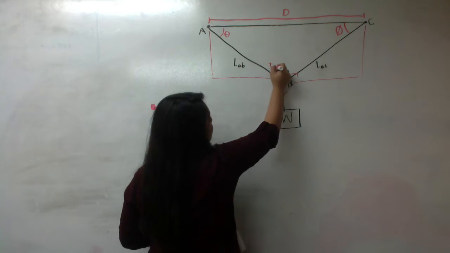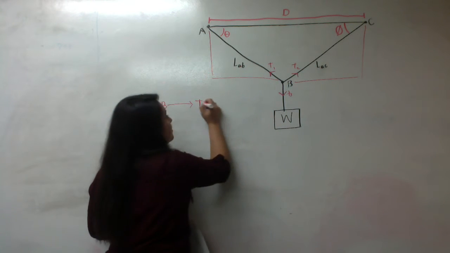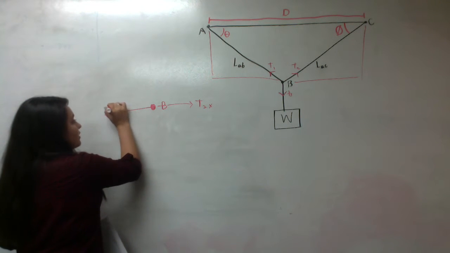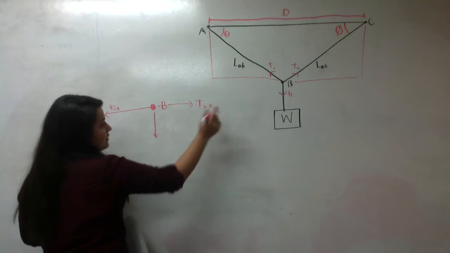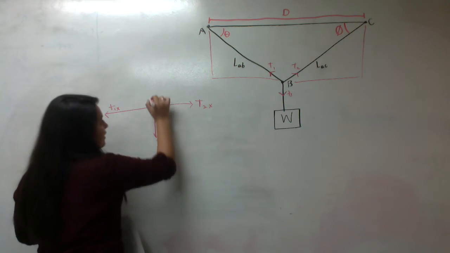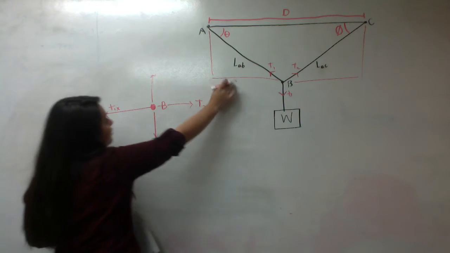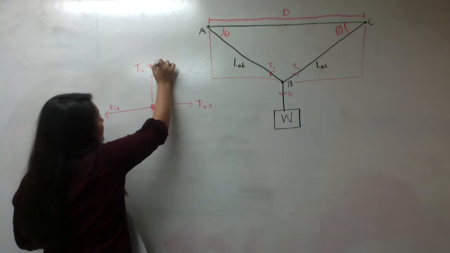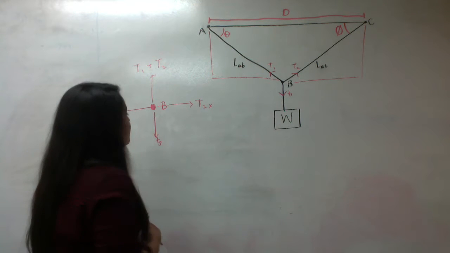If we name this tension 1, tension 2, and tension 3, we have this tension 2 x component, and on this negative side you have tension 1 x component. Down here you have tension 3, and up here you have the y components of both tension 1 and tension 2 added together. From here you can make two equations in order to solve for the tensions.